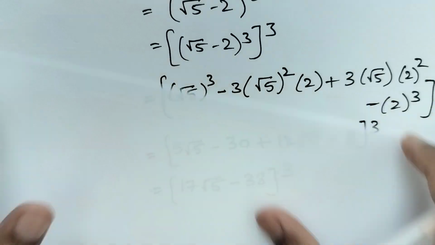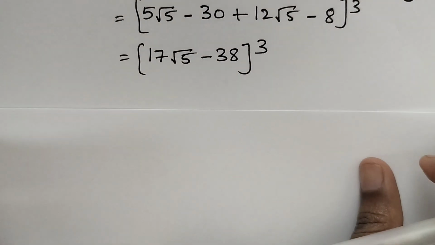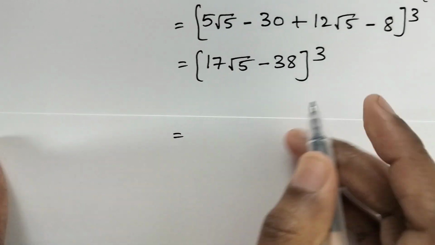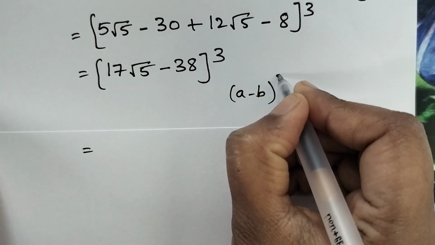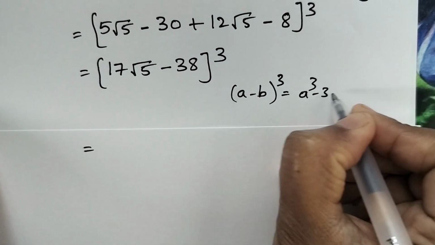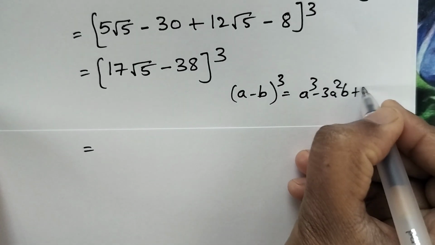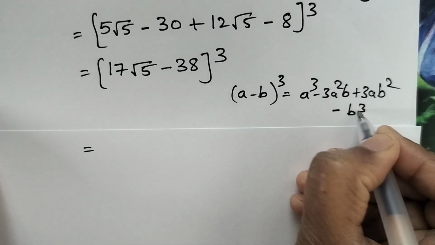So again use this formula. a minus b cube is equal to a cube minus 3a square b plus 3ab square minus b cube. So again use this formula.